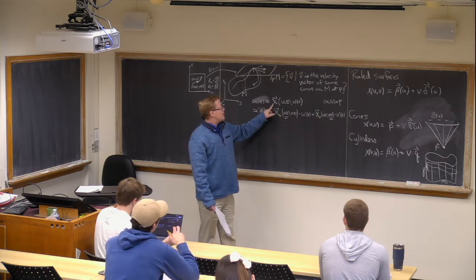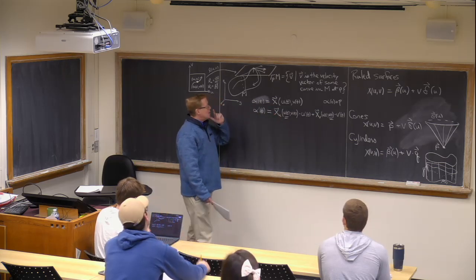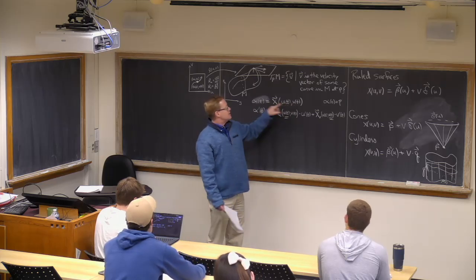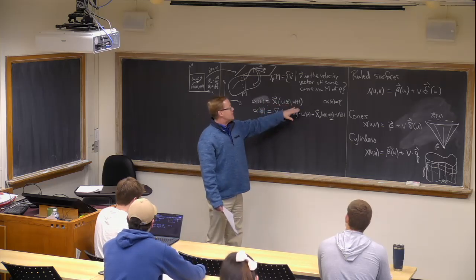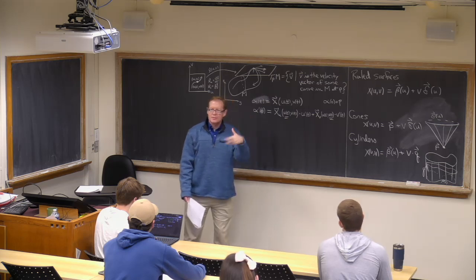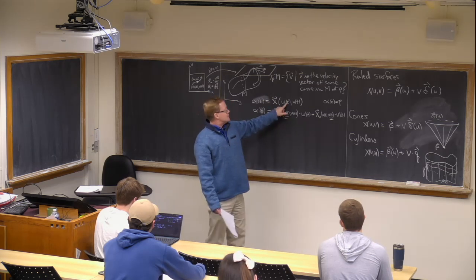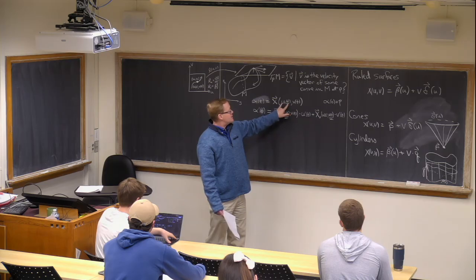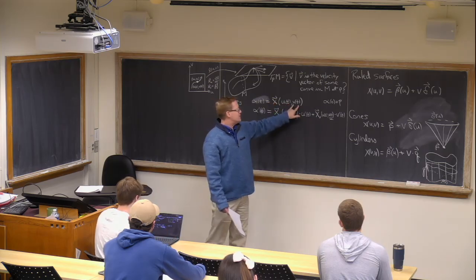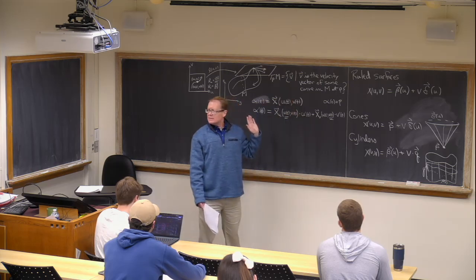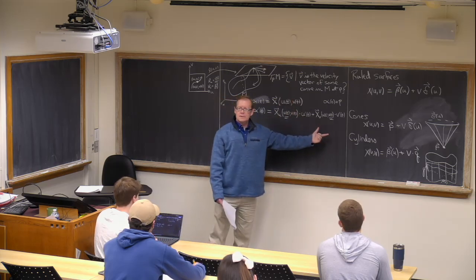And the point is that when we change t, this x of u of t comma v of t changes for two reasons, right? There's two different ways it changes. It changes because when t changes, u of t changes, and then that causes x to change. And then when t changes, v of t changes, which causes x to change, right? And that's why we have two terms, okay?